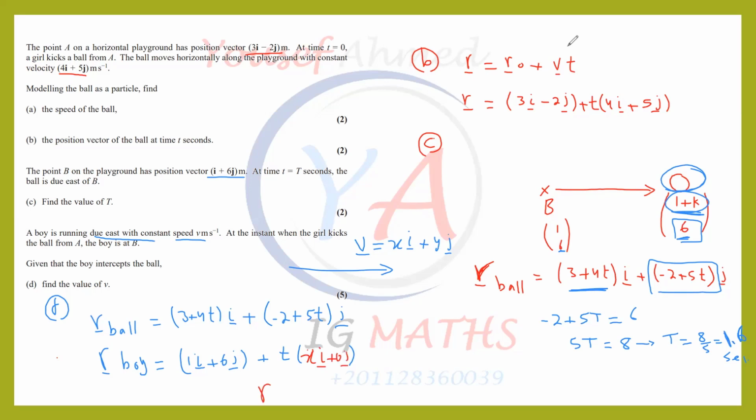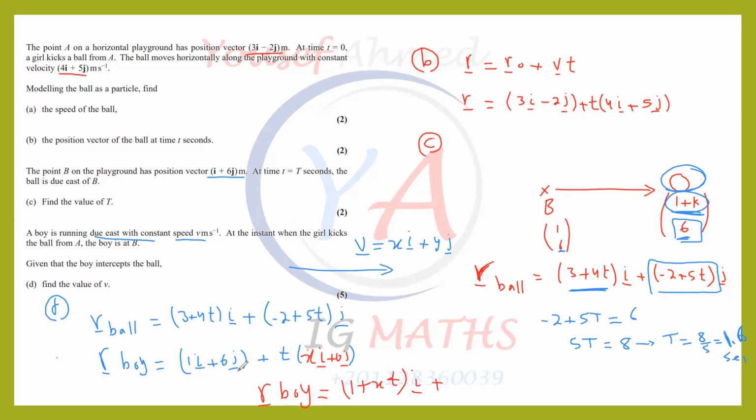So now the position vector for the boy can be written as 1 plus xt in the i direction, plus 0 times t, which is 0.